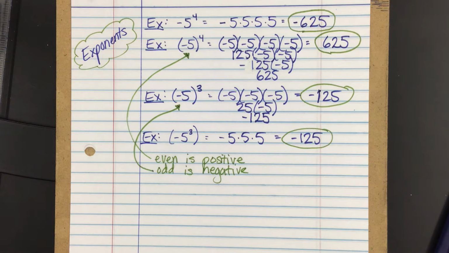All right, now that we have a little background knowledge on exponents and you're starting to understand that where the negative is impacts how the exponent is applied, I would like to show you what this looks like when we're dealing with order of operations. Okay.